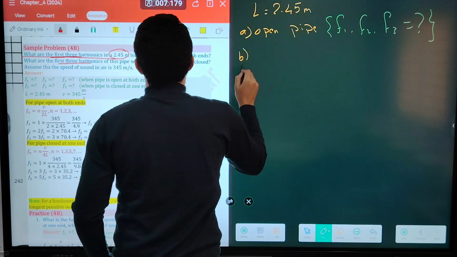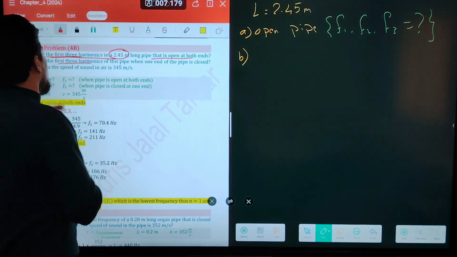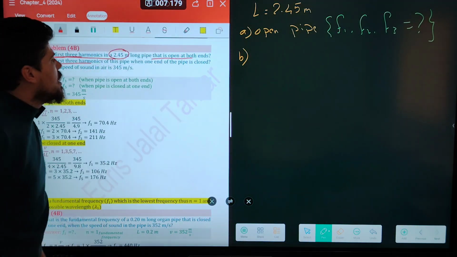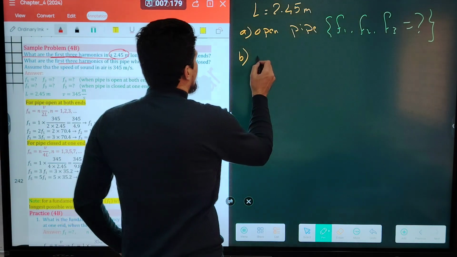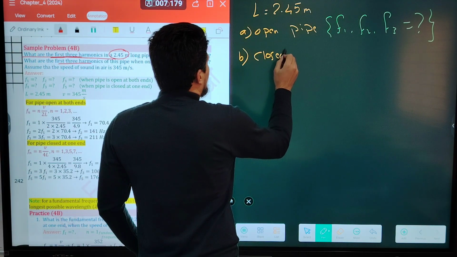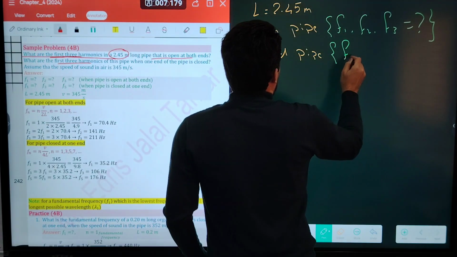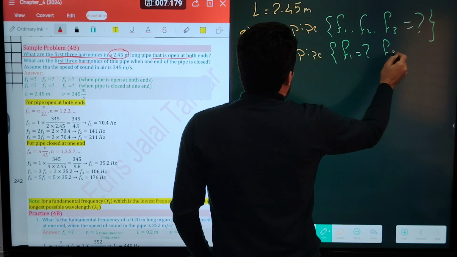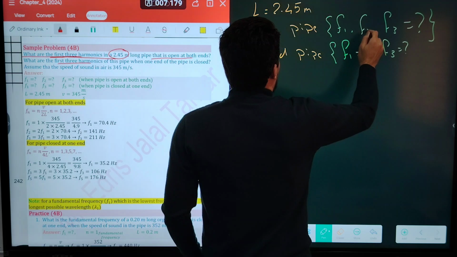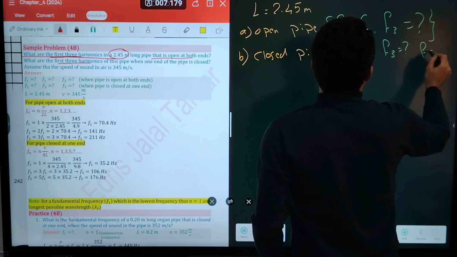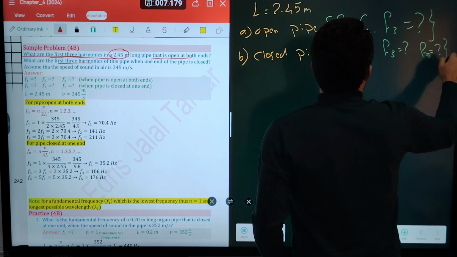In the second case, for the same pipe when it's closed, the unknowns are F1, F3, and F5; we don't have F2, guys.